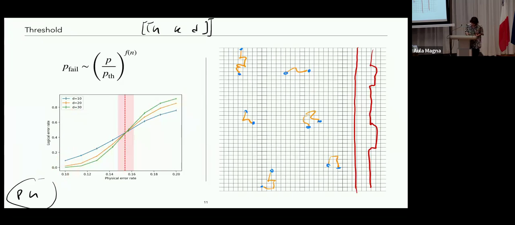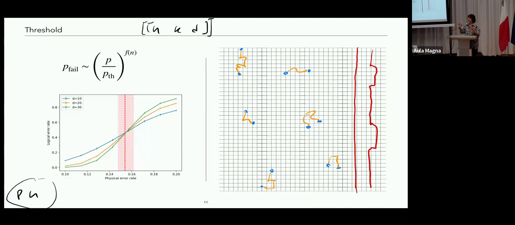So the fact that codes can have a threshold means that if you want to decrease your logical error rate, or logical noise, if you want to protect your qubits better, you can just increase the size of your system and be sure that you can decrease the probability of error.